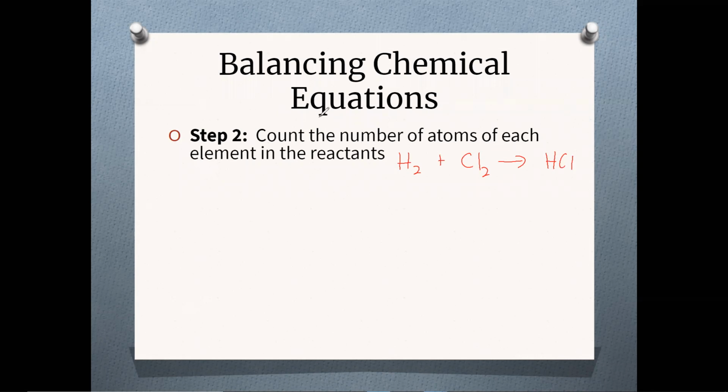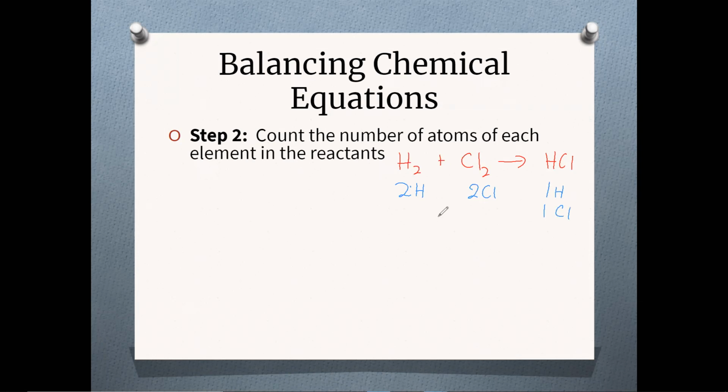How do we count how many? We look at subscripts and we look at if there aren't any subscripts. You see this H2, it means there are 2 hydrogens. You see the Cl2, it means there are 2 chlorines. Here we have H and Cl. So on the right side, which is actually step 3, in the products, we have 1 hydrogen and 1 chlorine.